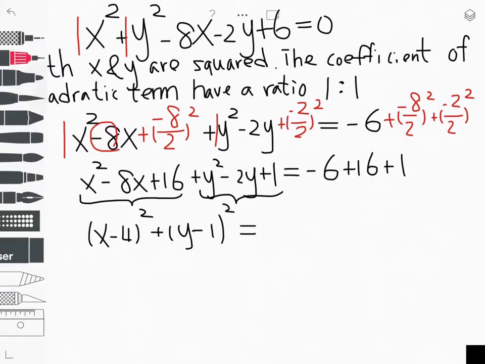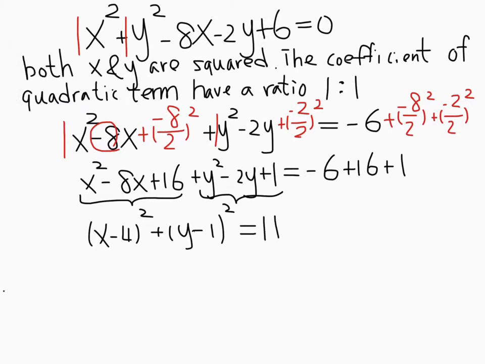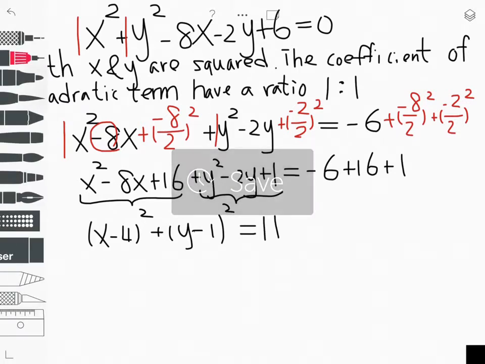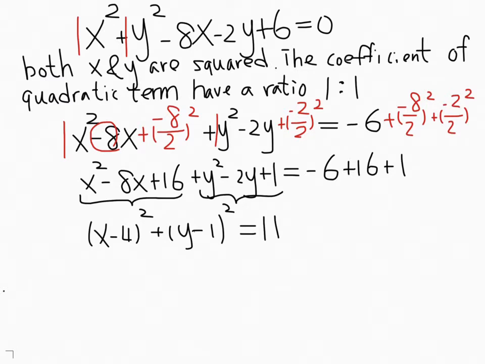What's negative 6 plus 16 plus 1? So now, is this in standard form? If you want, you can rewrite it as x minus 4 squared plus y minus 1 squared equals the square root of 11 squared.